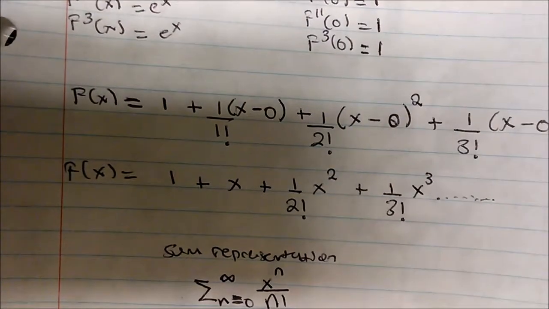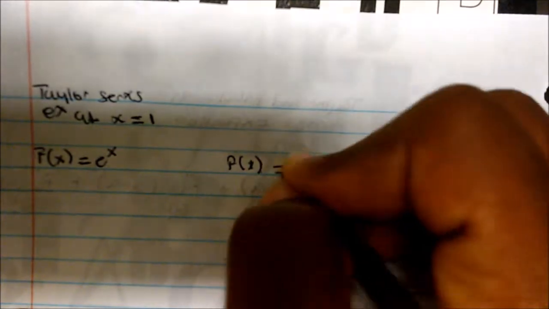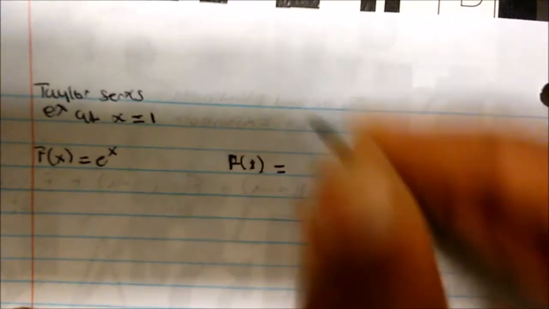Now let's do a Taylor series for this same function here. So let's do the Taylor series of e to the x at x is equal to 1. Again, f of x happens to be e to the x. f of 1, because you're going to plug in a now, because your a is 1.